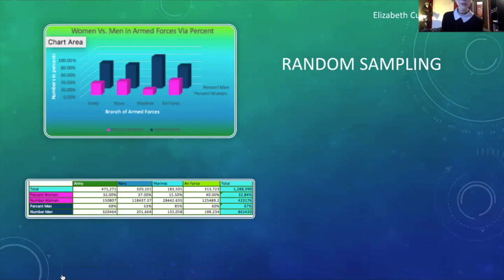We selected some at random for the number of women who were not only in the Army but in the Marines, or the number of women in the Navy but also the Air Force. As you can see in the graphs, there are a lot more men in the armed forces as a whole, but there seem to be a lot more women in the Air Force than in the Marines, for example.